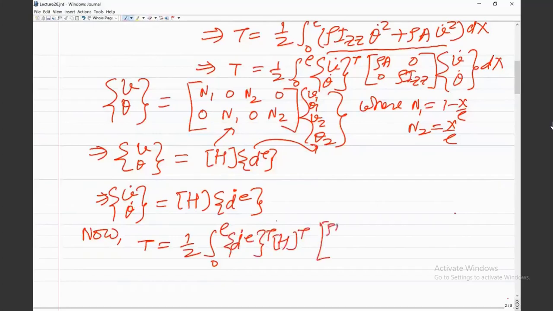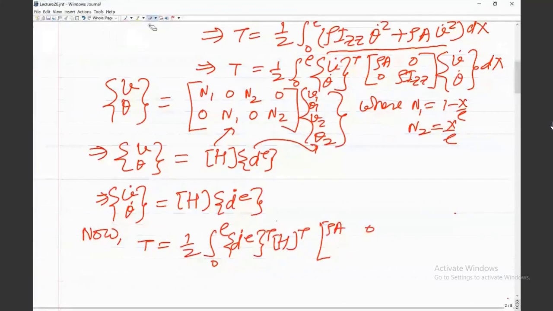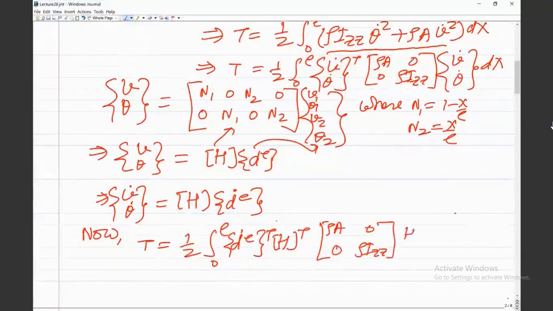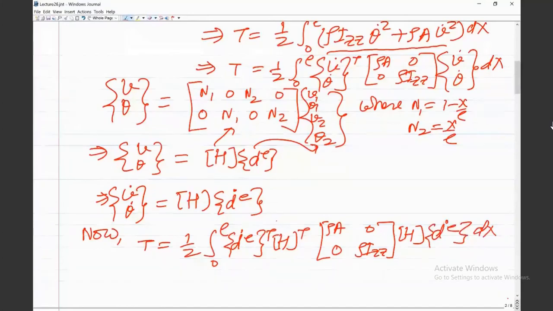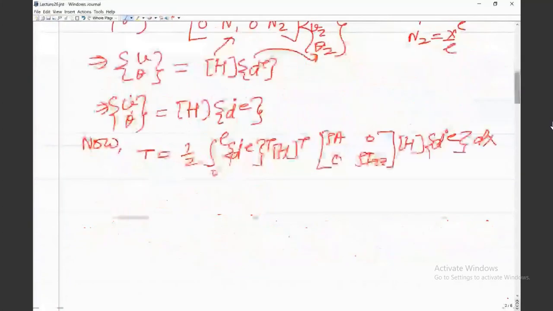So we have rho A, 0, 0, rho into Izz, and then into again the H matrix into dE dot dx.